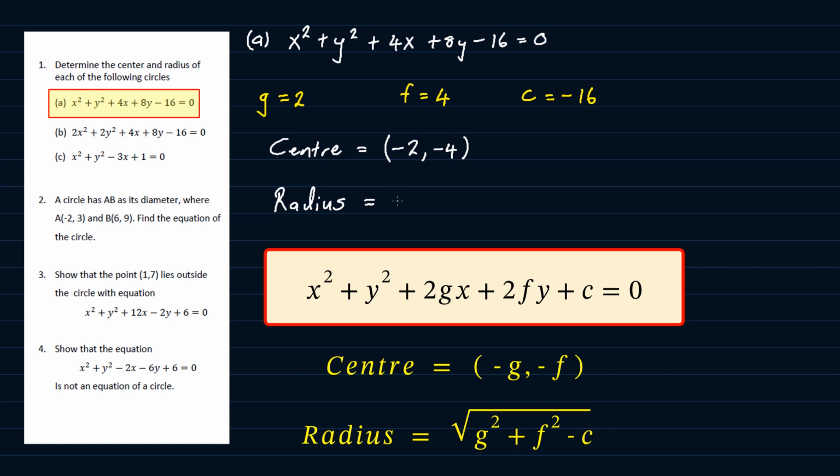So in this case, this will be the square root of g squared, which is 2 squared, plus f squared, which is 4 squared, minus c, which is minus 16. So minus and minus will give us plus, but let's just write it as minus of minus 16.